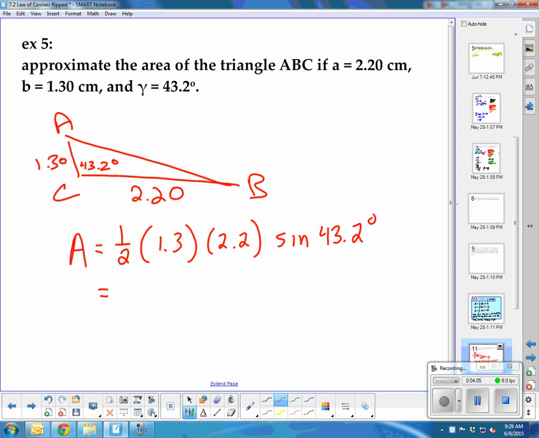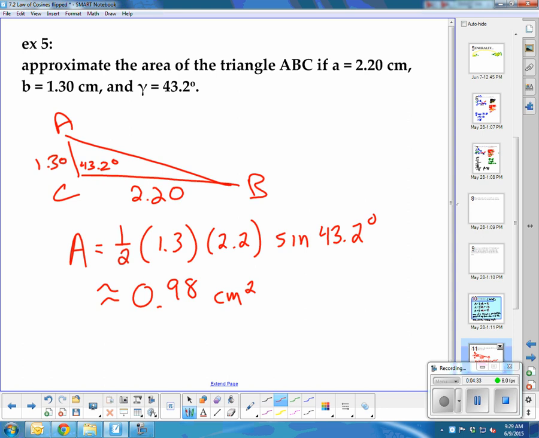And really, it's just a matter of taking this, putting it into the calculator, and getting an answer. And you put that in the calculator, take a minute, and we get approximately 0.98. And we have units on here, centimeters, so that's going to be square centimeters. And so that's a pretty easy formula to use.